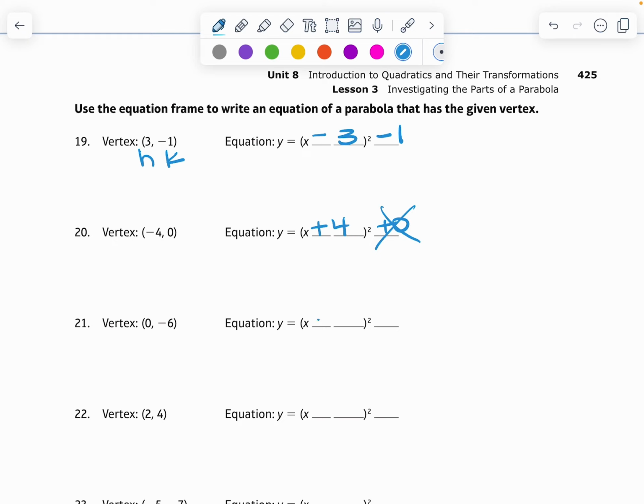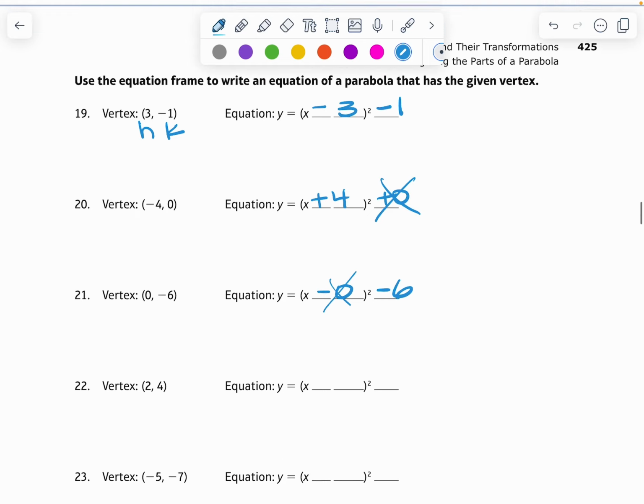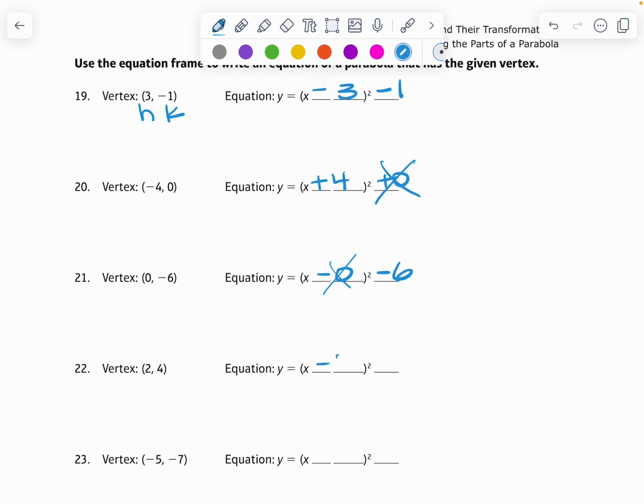This one, we're doing nothing to the x, so I probably wouldn't include that either, but that's okay. And then it'd be -6, or plus a -6, whichever you prefer. I'd have 2 here, 4 here, +5, -7. You did it! Congratulations!